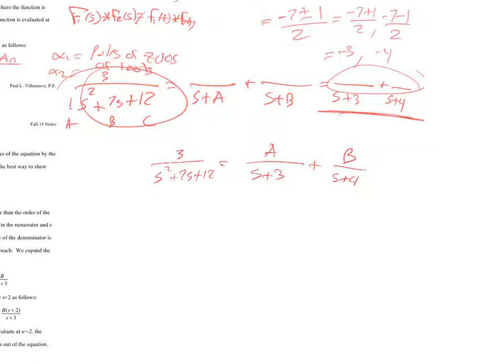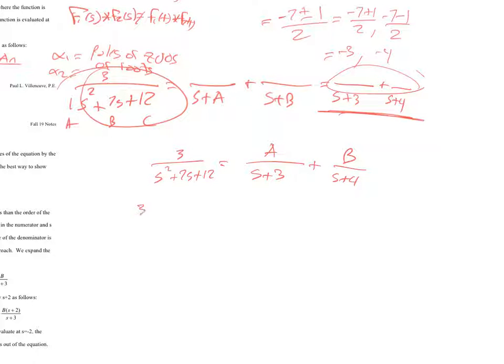For those of you who have taken differential equations, you've seen ways to solve for a and b. This is a way that we'll teach it in this class, and I encourage you to try it. It works exceedingly effectively in this class. So how do we solve for a? Well, what if we multiply both sides by whatever is under a?